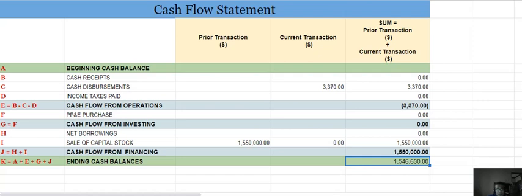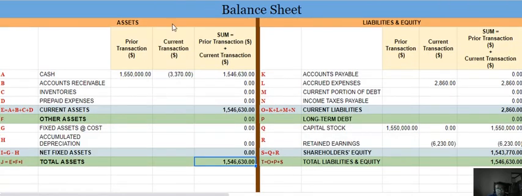Let's go to the balance sheet. Now this is the asset section, and this is the liabilities plus equity section. In the asset section, against cash, I made an entry of minus $3,370, which has left the organization as my take home. So I have reduced this amount from the cash, and now the total cash is $1.54 million, and the total asset is $1.54 million of assets.